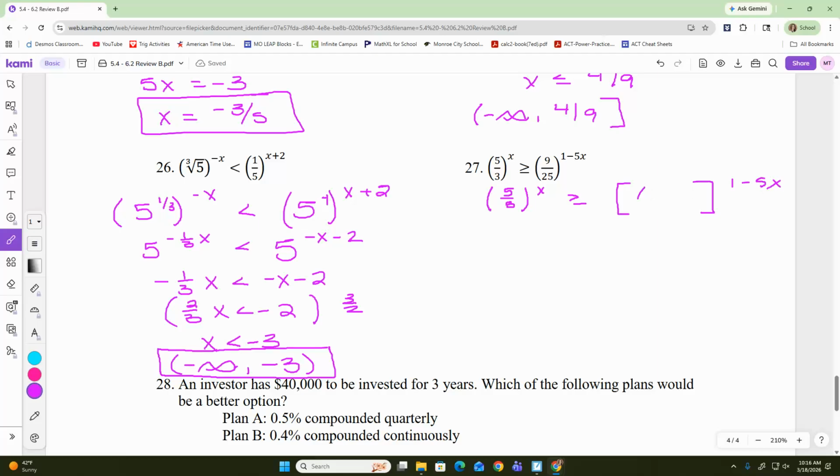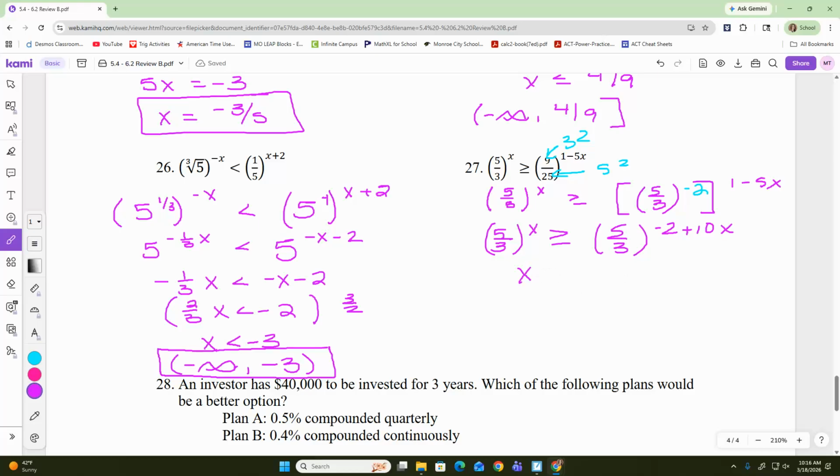So I need it to be 5/3. I know 9, that's 3 squared. 25 is 5 squared, so it's squared, but I need to flip it, so it would be negative 2. So 5/3 to the x greater than or equal to 5/3 to the negative 2 plus 10x.